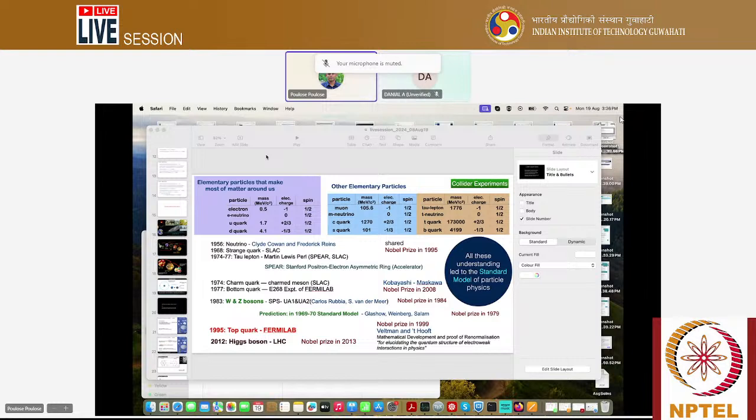The top quark is a little bit of an exception. It behaves differently compared to the other quarks, and it's because of a different reason. The reason is that it is very, very heavy, and such a heavy particle will decay very fast; it is not very stable.